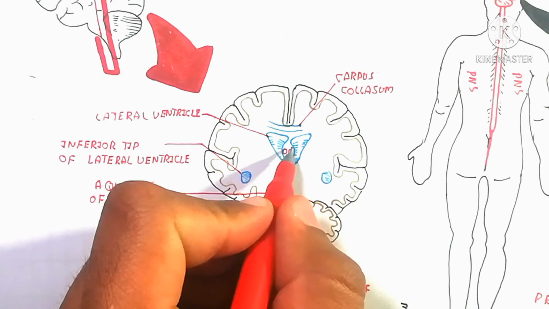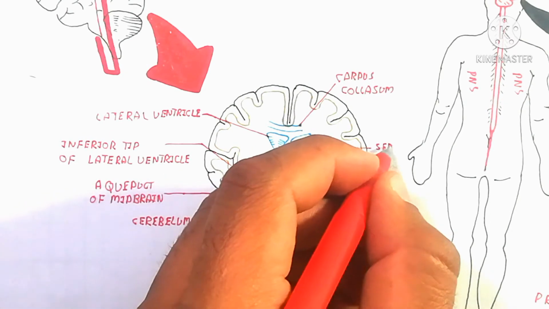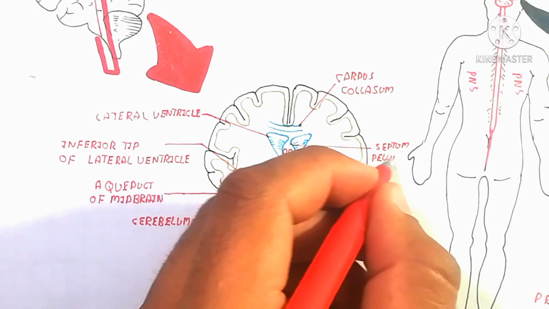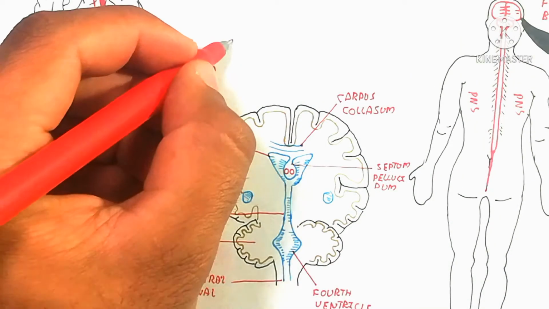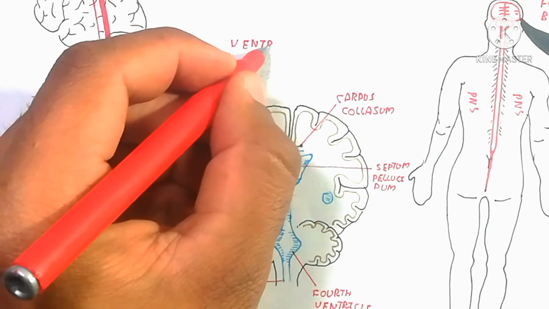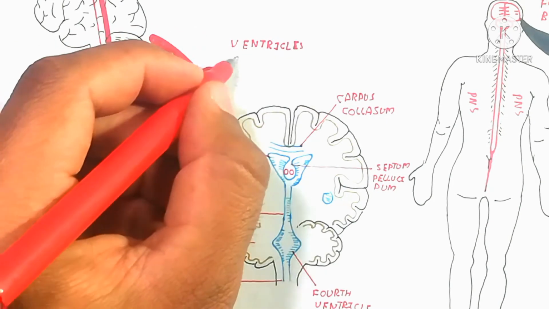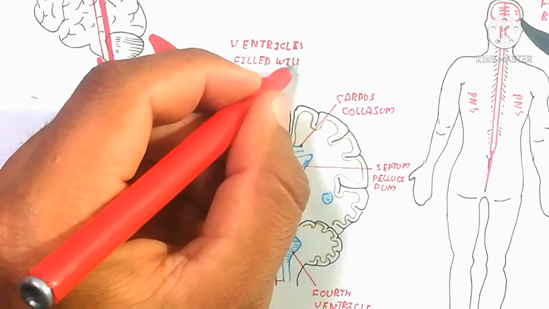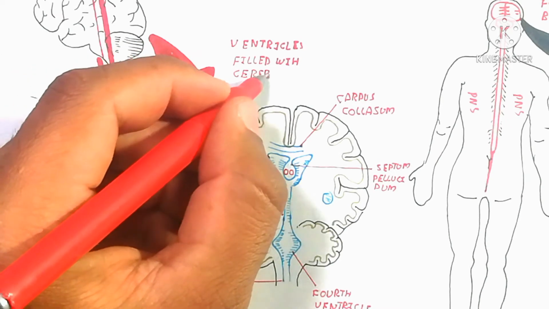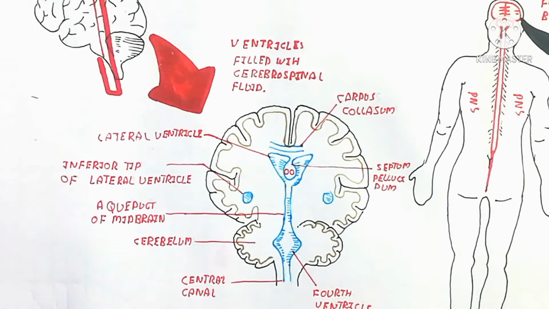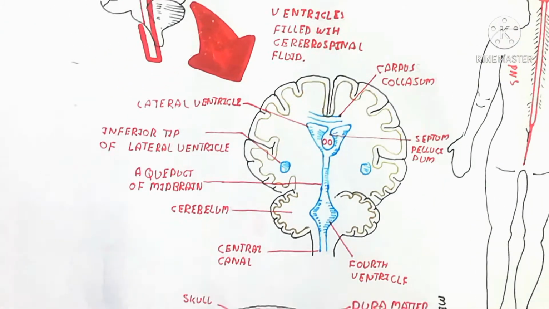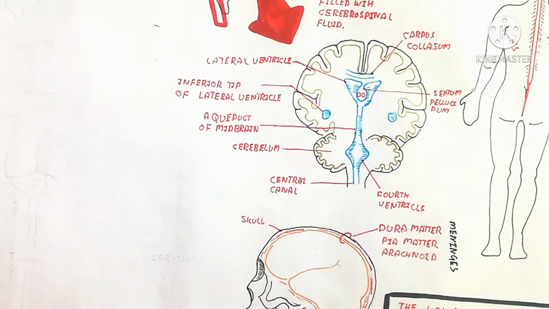The corpus callosum is present in the brain here. The corpus callosum is a different part of the ventricle. So here is the ventricle filled with cerebrospinal fluid. Remember that the ventricle is filled with cerebrospinal fluid.